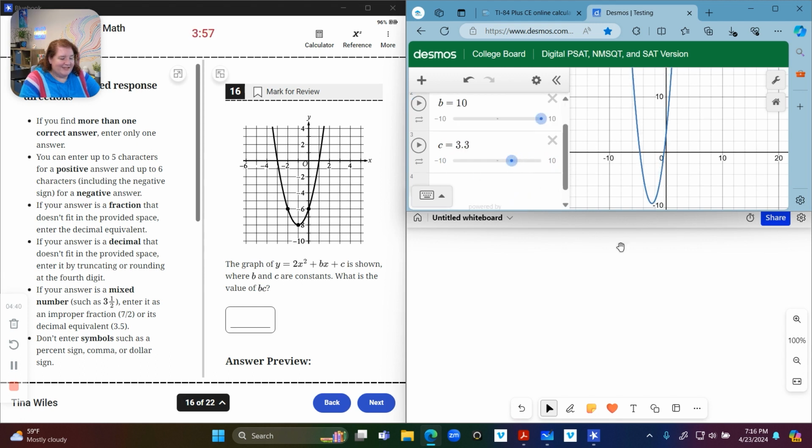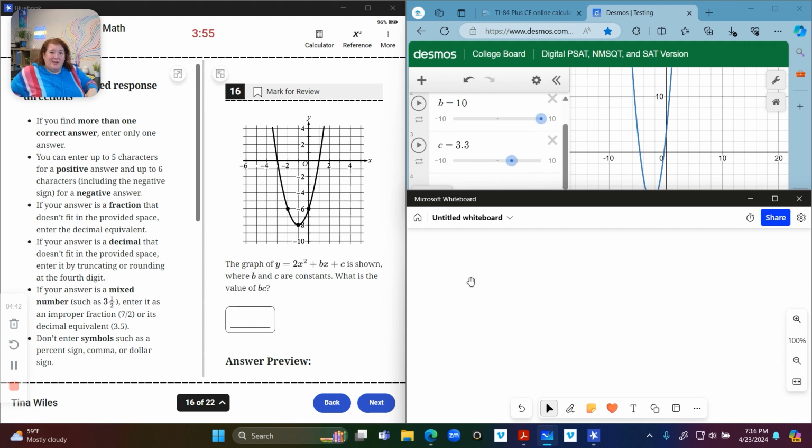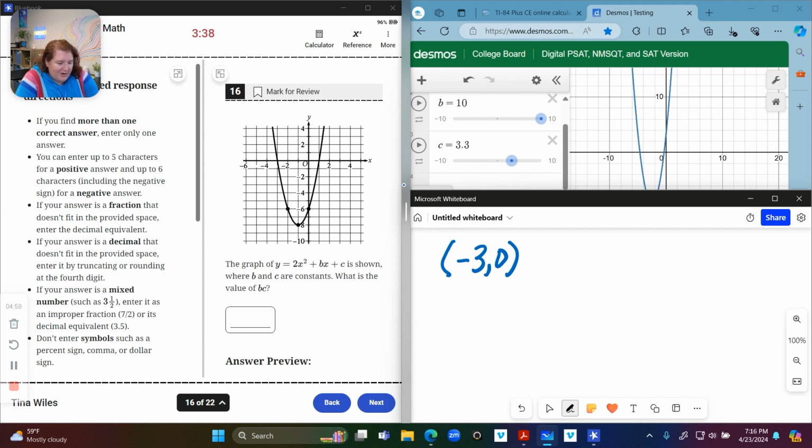The easier way to do it is I'm going to solve it algebraically, and then we'll double check it on the graph. So I know that there's a 0 at the point -3, 0, and there's also one at 1, 0.